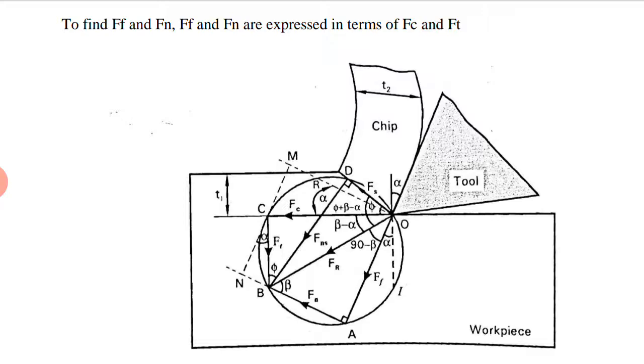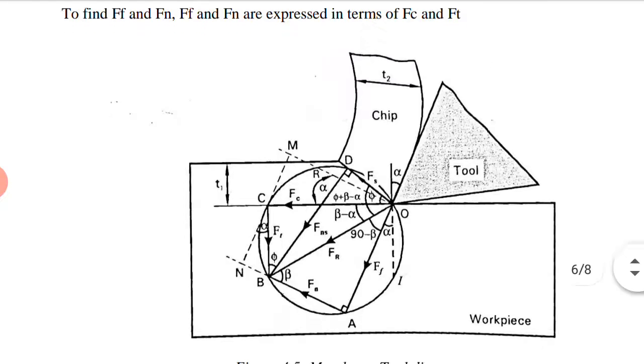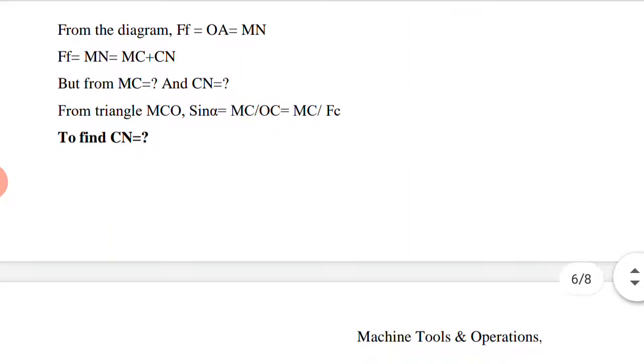Two lines are extended parallel to each other, O to M and A to N. The line MN passes through the point C. From the diagram, Ff is equal to OA is equal to MN, which is the sum of MC and CN, but MC and CN are unknown.